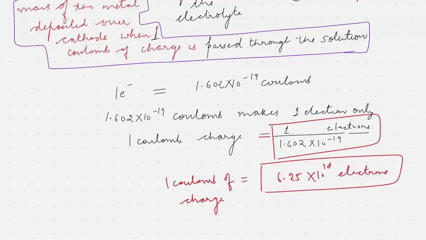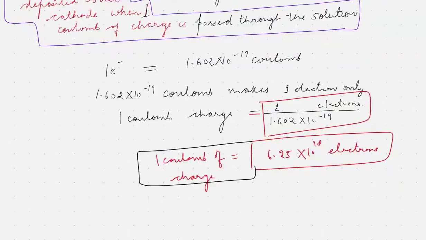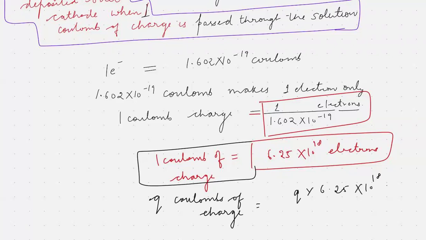So if I say I have 2 coulombs of charge, then it is 2 into 6.25, so basically double of it. So if I have Q coulombs of charge, how many electrons are in that? Q into 6.25 into 10 raised to power 18 electrons.